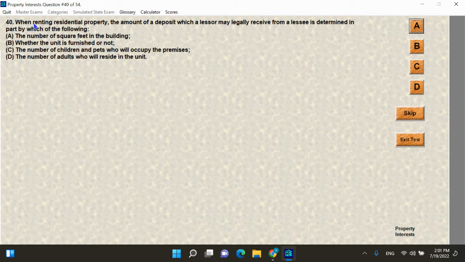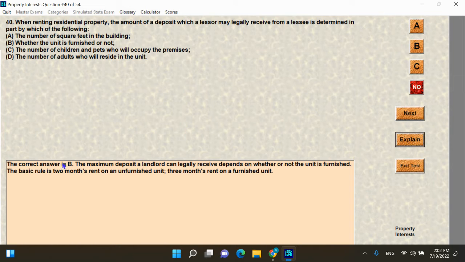40. When renting residential property, the amount of a deposit which a lessor may legally receive from a lessee is determined in part by which of the following: A. The number of square feet in the building. B. Whether the unit is furnished or not. C. The number of children and pets who will occupy the premises. D. The number of adults who will reside in the unit.